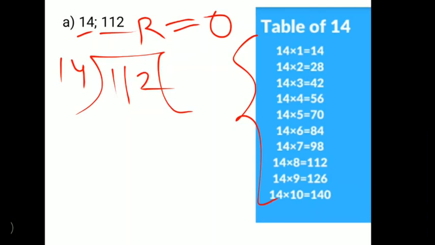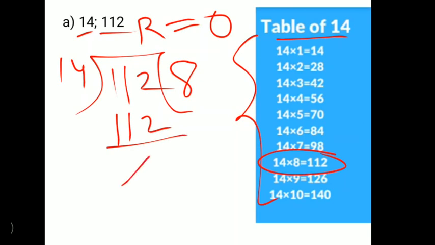All right, so in this table of 14, can you see 112? Yes, when you multiply 14 into 8, you get 112. So to solve this, you should have proper knowledge of tables. I can write 14 into 8 is 112. 2 minus 2 is 0, 1 minus 1 is 0, and 1 minus 1 is 0. So the remainder here is 0.